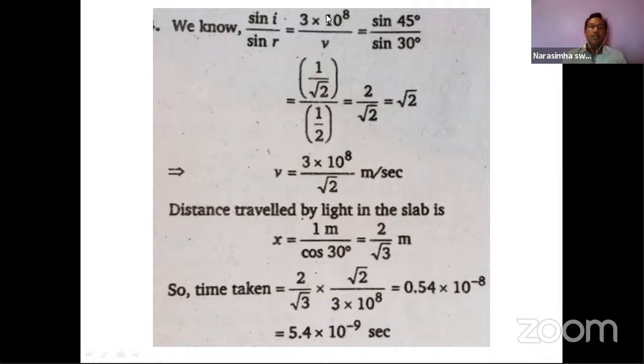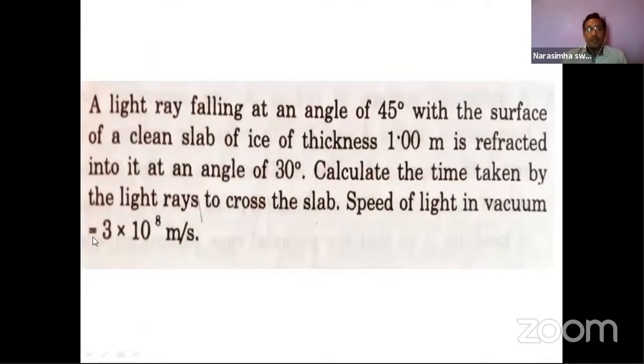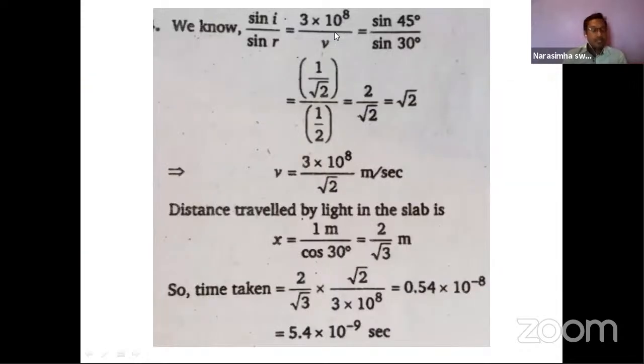What they're asking is to calculate the time taken by the light to cross the slab, which means we should understand at what velocity the light is moving inside the slab. First we calculate the velocity inside the slab. We know the velocity outside, that is air, which is given, and the velocity inside we don't know, right?